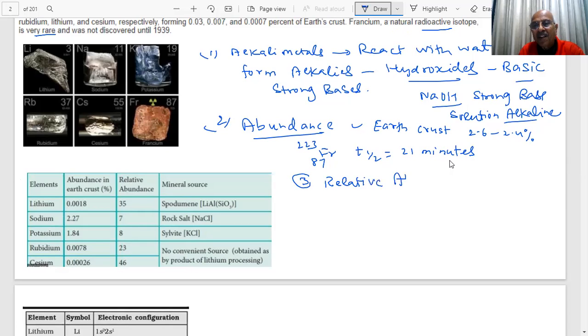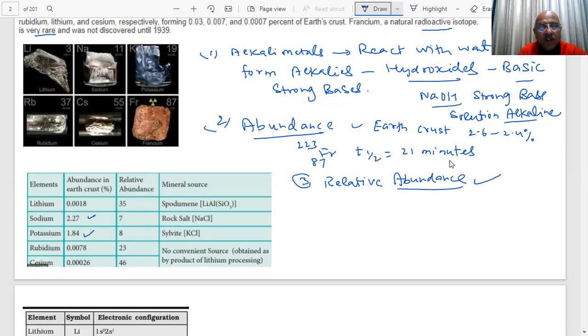What do you mean by abundance? Lithium is 0.0018% of the earth's crust. Sodium is 2.27. Potassium too. These two are much larger. Rubidium, cesium. Francium we have not given, as it is a very, very small amount.